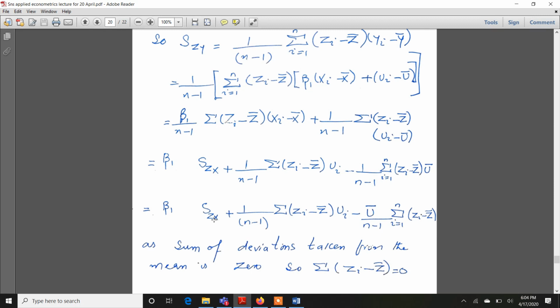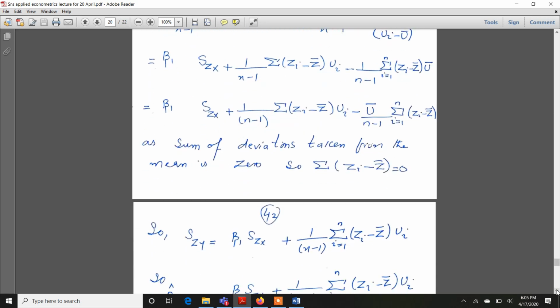So then for this term, we know that the sum of deviations taken from the mean is 0. So the sum of zi minus z bar will be 0, because whenever you take deviations from the mean and add them, you will always get 0. So that means this term will vanish, and we will be left with this thing, right?